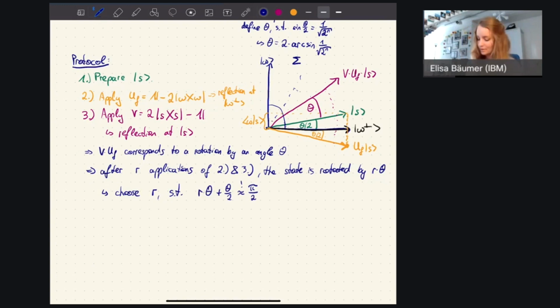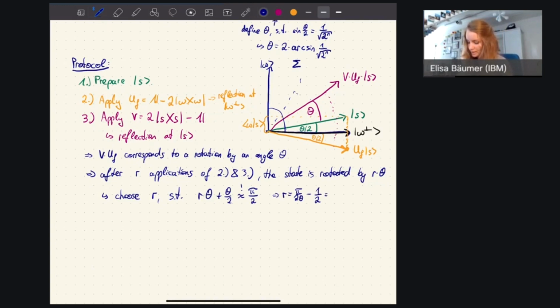Of course, this in general cannot be satisfied exactly, but we can still solve it for R. So R should ideally be pi over 2 theta minus 1/2. And now we can insert how we defined theta. We defined it as 2 times arc sine, so we get pi over 4 times arc sine of 1 over square root of 2 to the power n, minus 1/2.